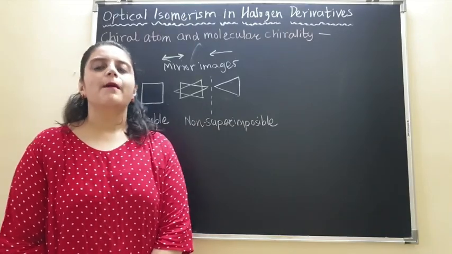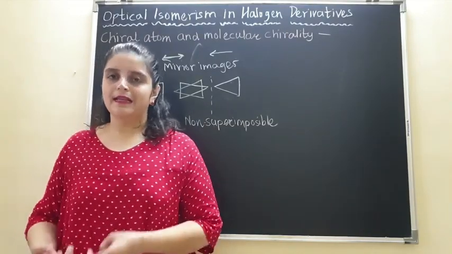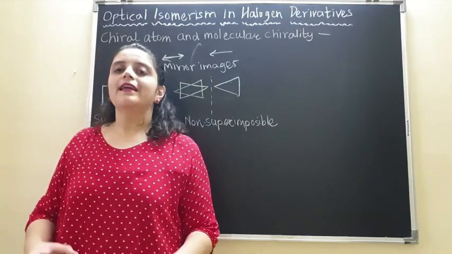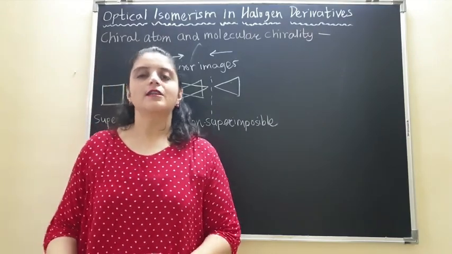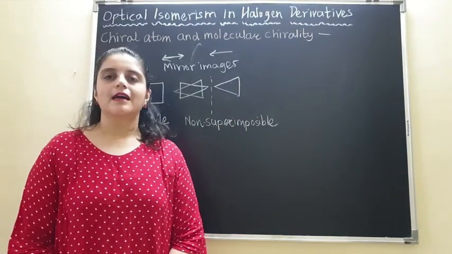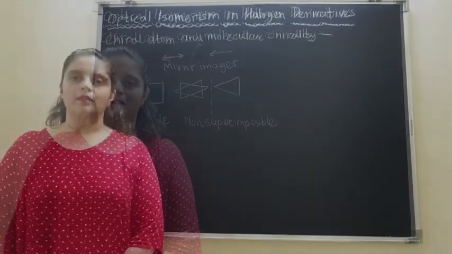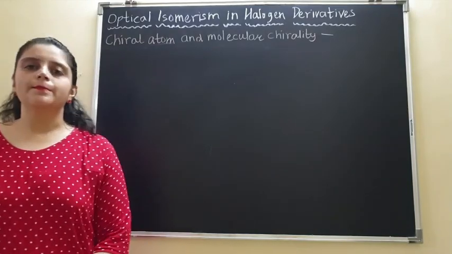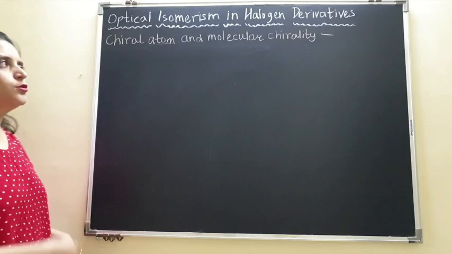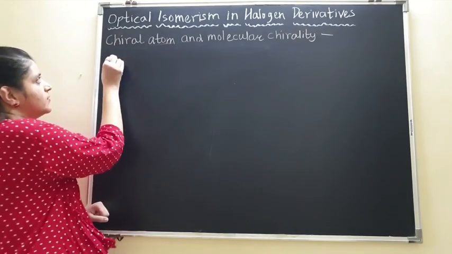So now we are going to apply the same concept in chemistry and find out which of the molecular structures are superimposable and which of the molecular structures are non-superimposable. Now let us apply the concept of mirror images on a simple molecule in chemistry. So I am drawing one molecule over here.